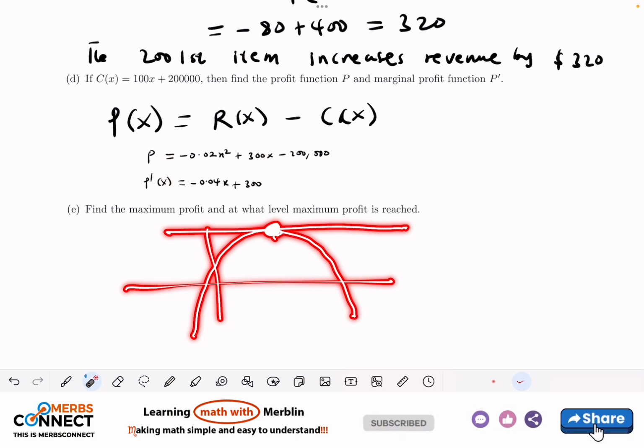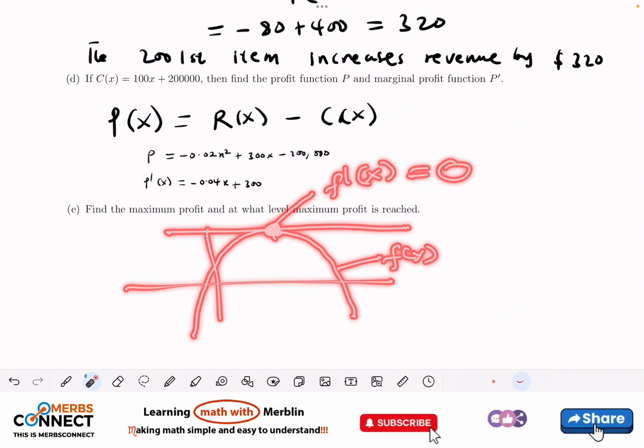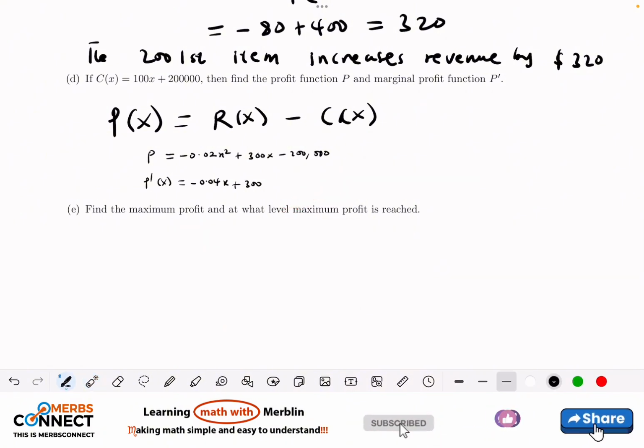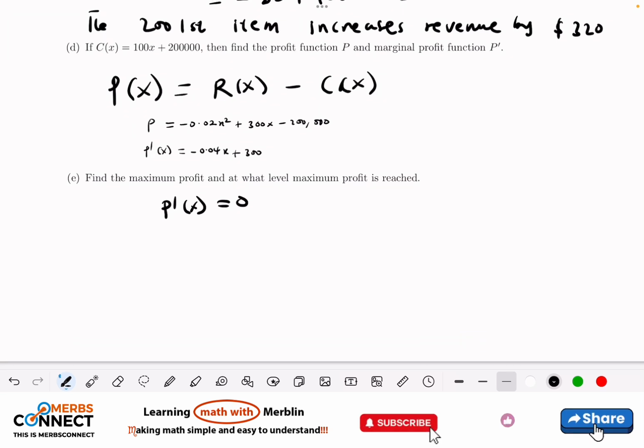And remember, when you are talking about the tangent line and this is f of x, then here will be f prime of x, which is at rest. So for us to look at the maximum profit, we need to look for P prime of x equal to 0.